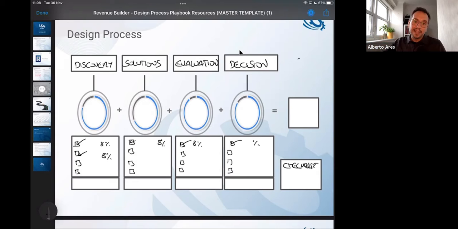We will have to prove that we have completed those steps, and then certain steps will carry a probability. By ticking those boxes, the likelihood to close that deal will increase by the same probability, right?